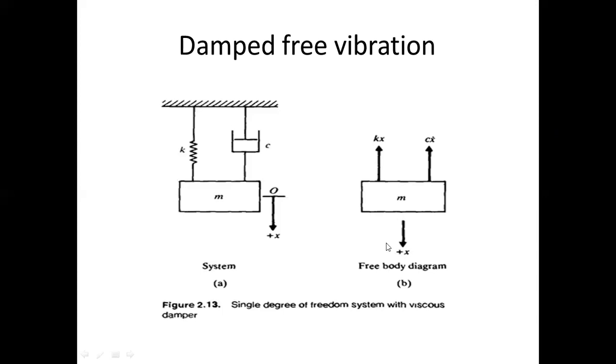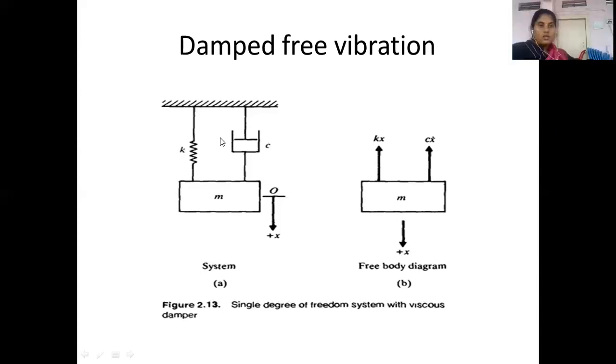If you are completed, we move towards the next point. Okay. So in this system, first understand the difference between the first equation, that is the undamped free vibration, and now the second derivation, that is the damped free vibration.